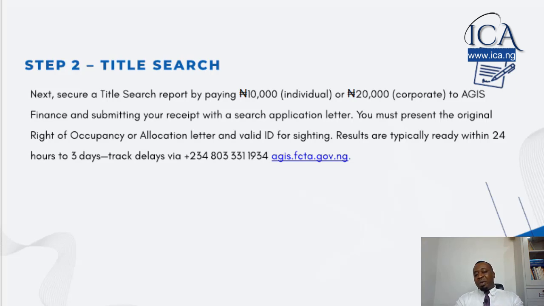And you must present the original of your right of occupancy or allocation letter and a valid ID for sighting before the search will be conducted by AGIS on your behalf. The result typically is ready within 24 hours to 3 days.